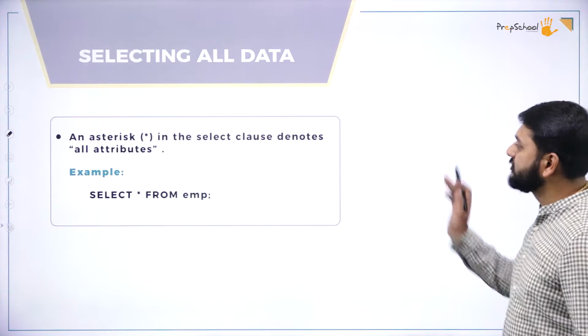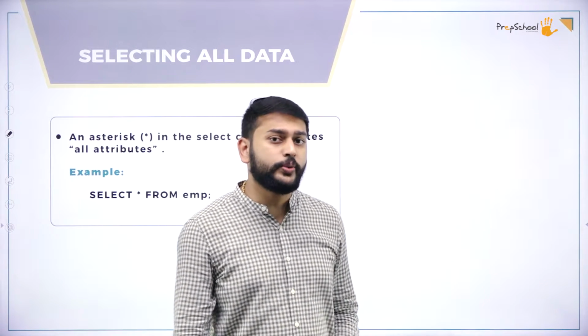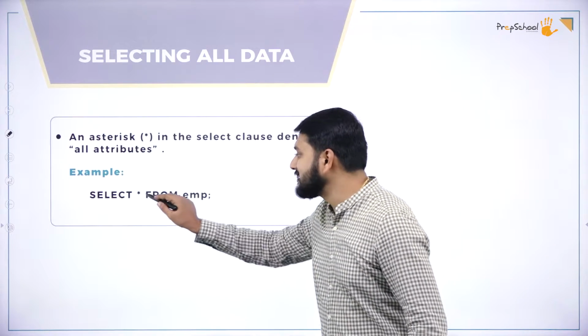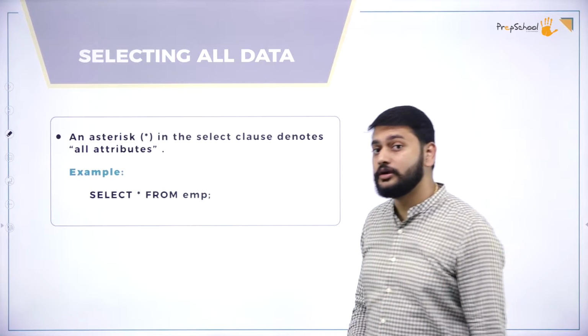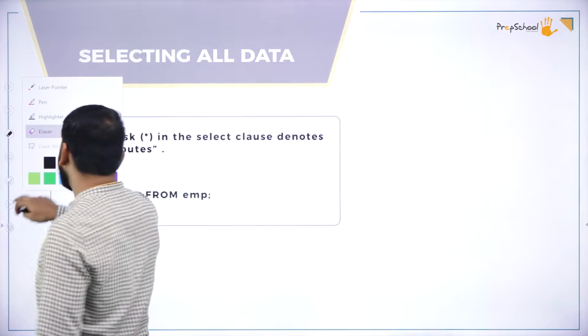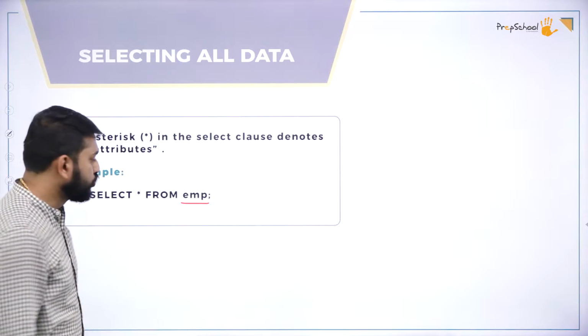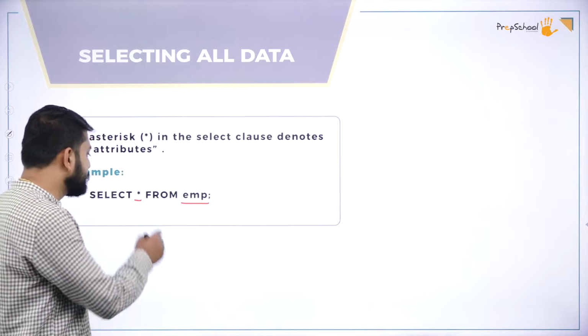I have something called star. How do we use that? Why do we use that? If I just use select star from EMP, what is EMP here? EMP is the name of the table. So if I use star, instead of writing the column names, I will just use star.